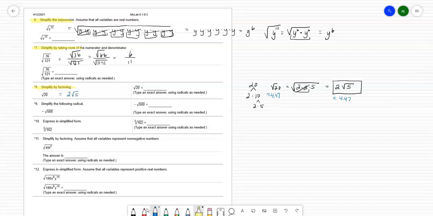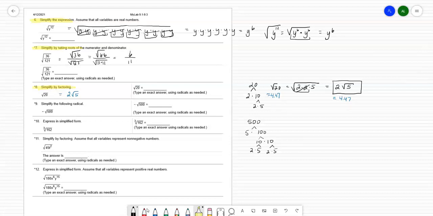All right, so now let's move to number 9. So now we have the negative square root of 500. So let's take our time and do our prime factorization for 500. You can start with any 2 numbers that multiply to give you 500. I'm just using 5 times 100. And then, of course, I have 10 times 10. And both 10s are 2 times 5.